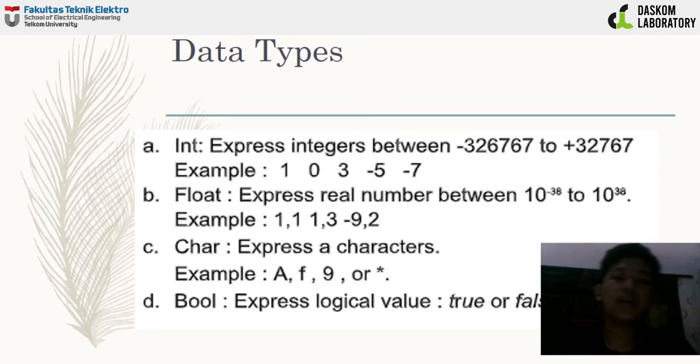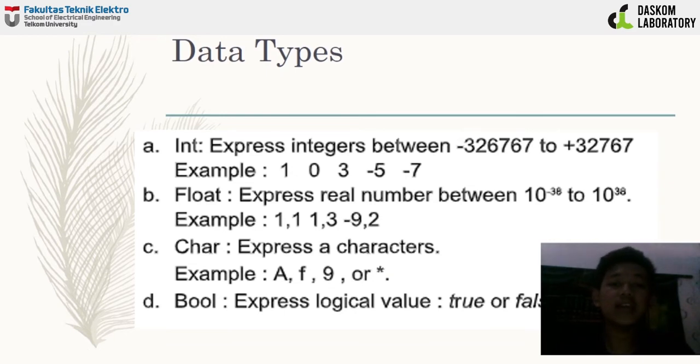It can be used as a symbol, like in an example where it contains 9. The 9 here is not a number, but a symbol. The same as a star symbol, you can use it in the character data type.